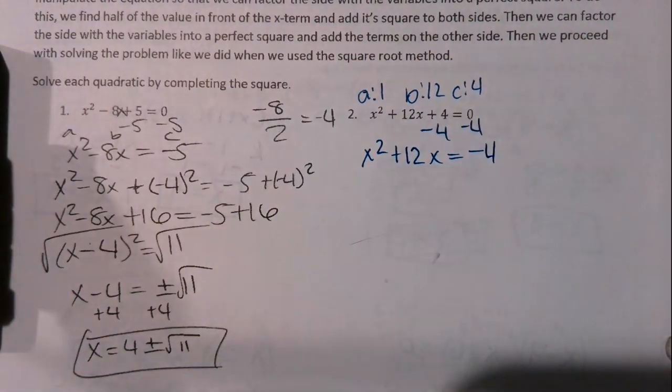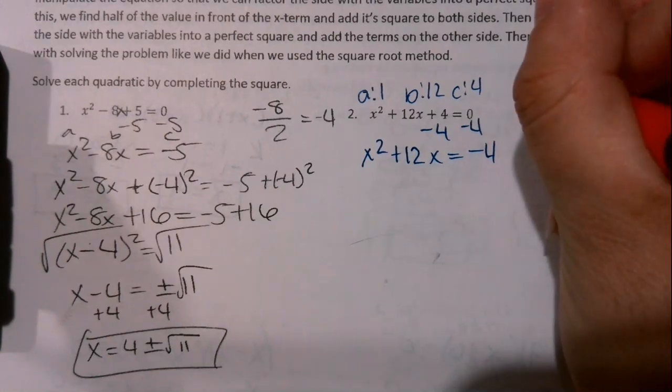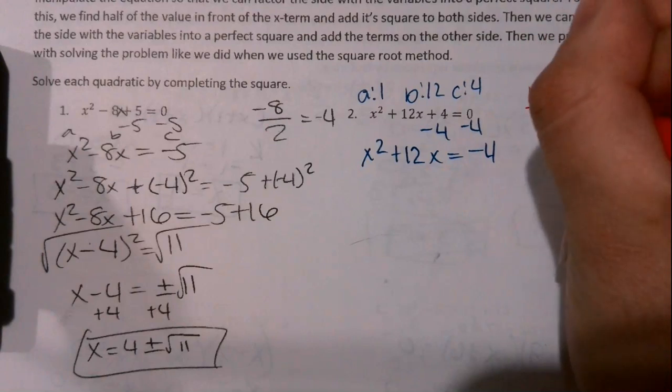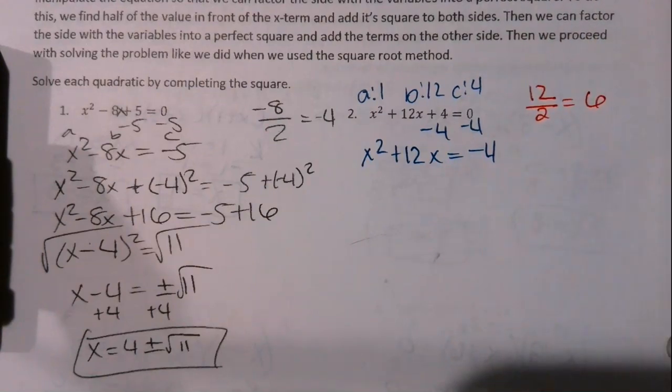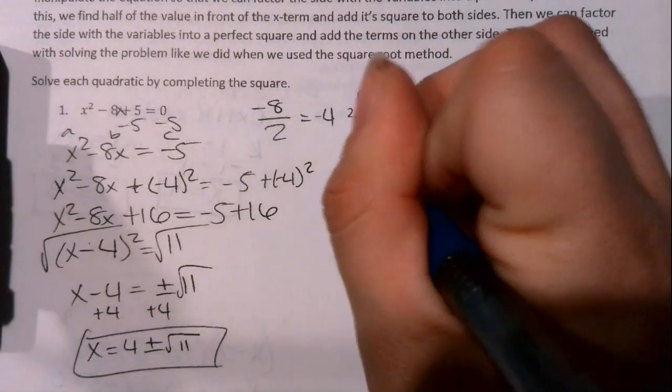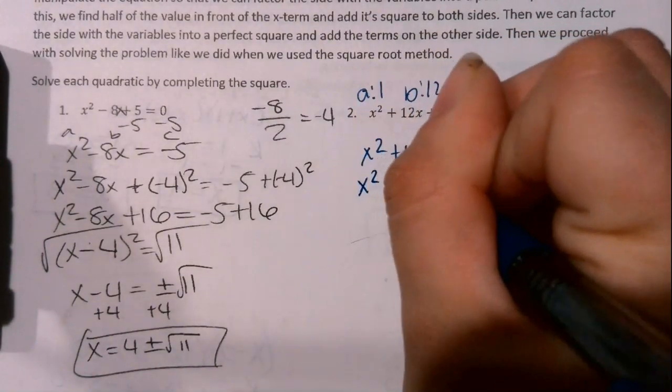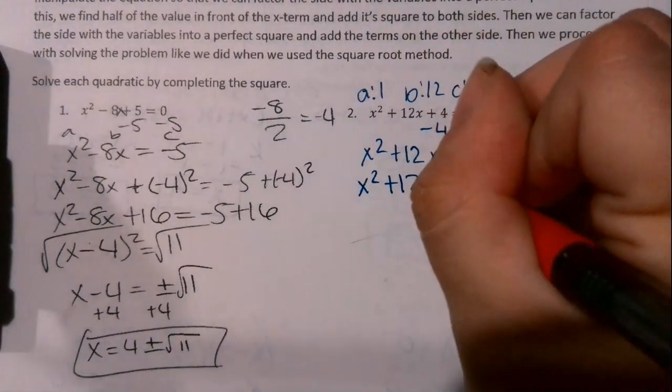Then my next step is to find half of my b value. So b was 12, so half of that equals 6. Then I want to go ahead and add 6 squared to both sides, because what I add to one side, I have to add to both.